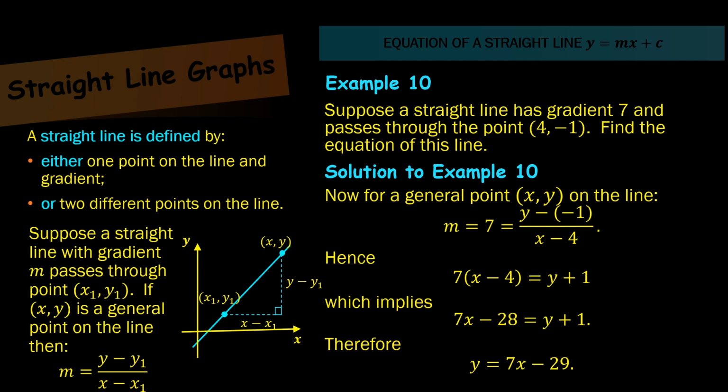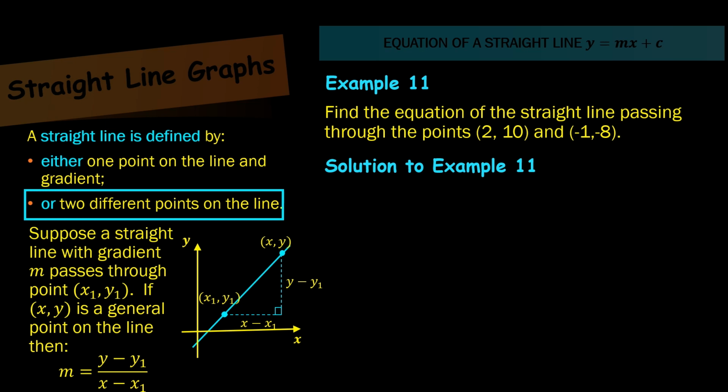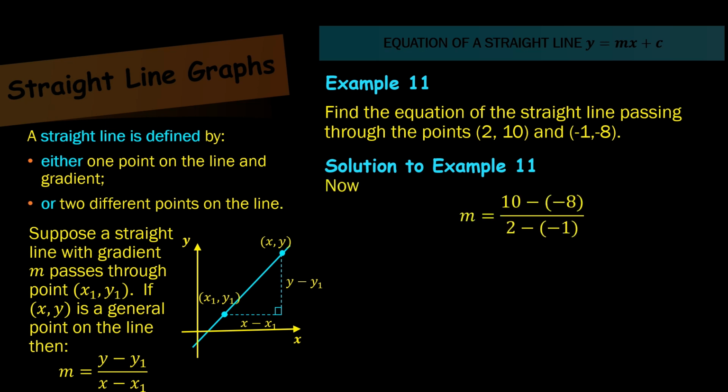Let's take a look at another example to illustrate this theory. Find the equation of the straight line passing through the points (2, 10) and (-1, -8). So let's solve this. Now the gradient of the line m is equal to 10 minus minus 8 over 2 minus minus 1. This equals 18 over 3, which is 6.